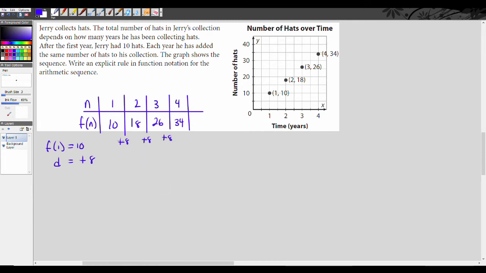So that's going to be f of n equals, let's do this in order now. First term, 10, plus our common difference, 8, times n minus 1. And there is our explicit rule for this data coming from this graph.